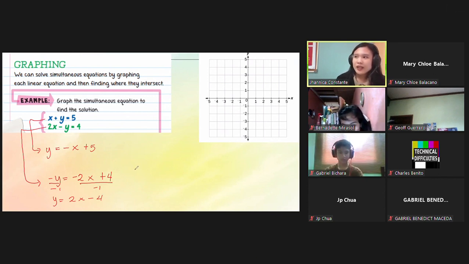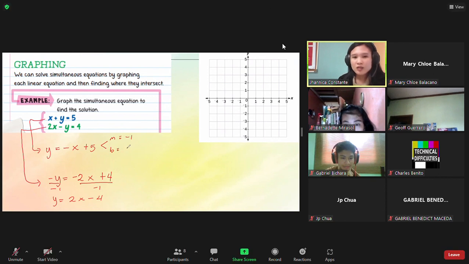So we are done changing from standard into slope-intercept form. We can now identify the slope of each equation and its y-intercept. The slope for our first equation is negative 1 and the y-intercept is positive 5.